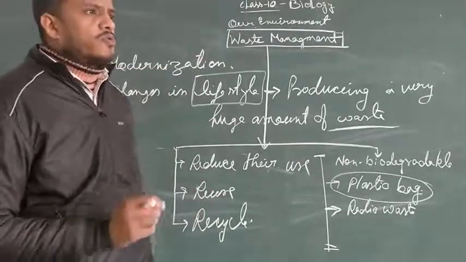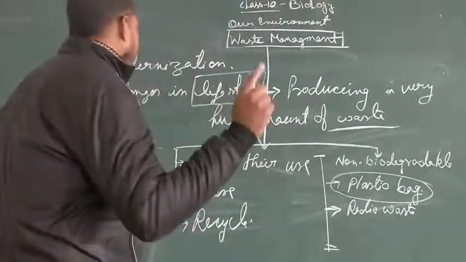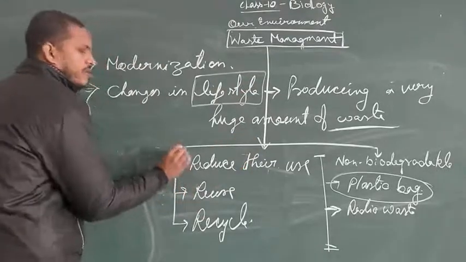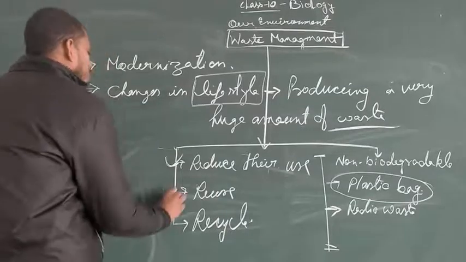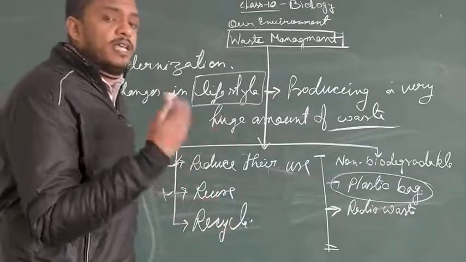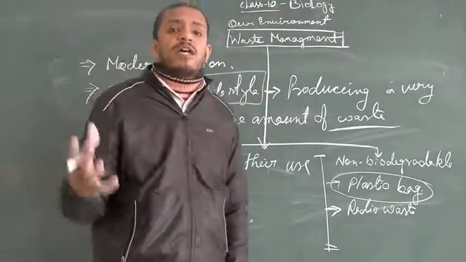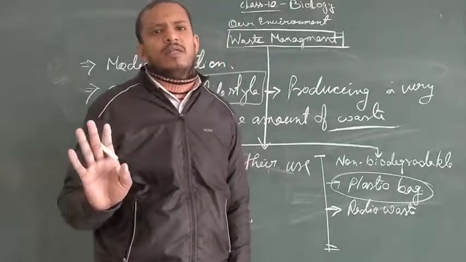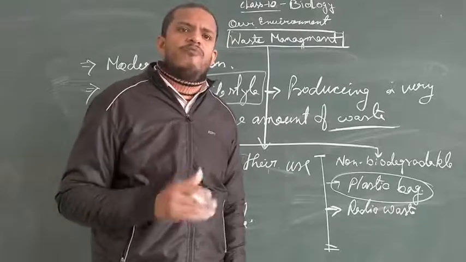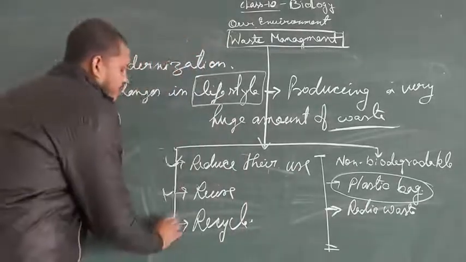So if we are going to use such kind of things, see, the first priority is reduce, as much as we can reduce their use. Second thing, reuse. How much you can reuse the plastic products which we have, because they are not going to be biodegraded easily. So it is better we reuse. And the final, that is recycle.